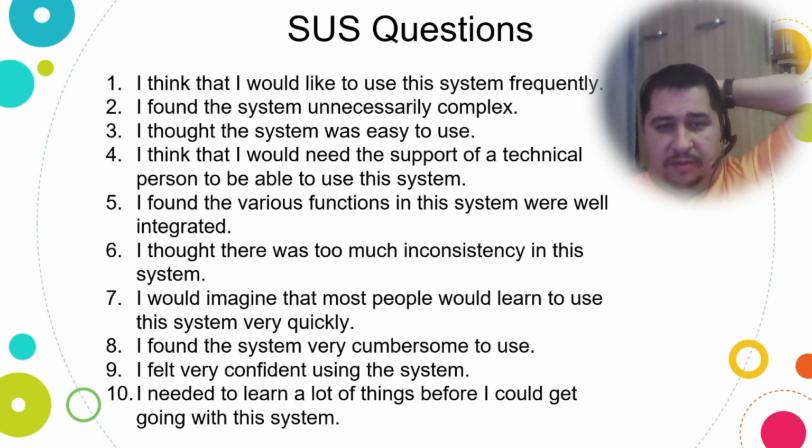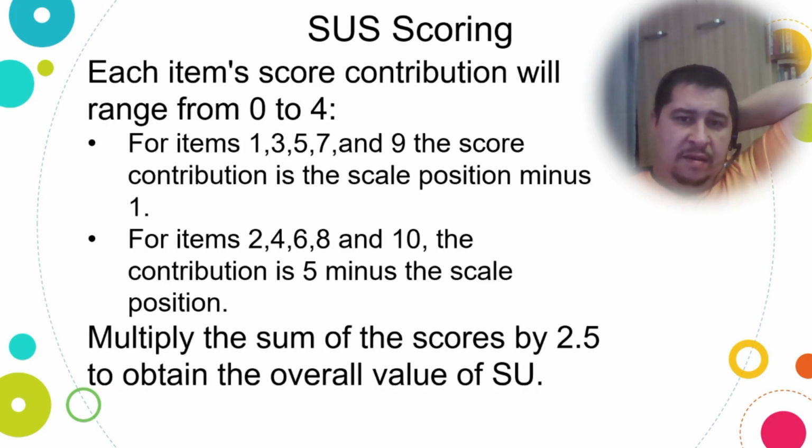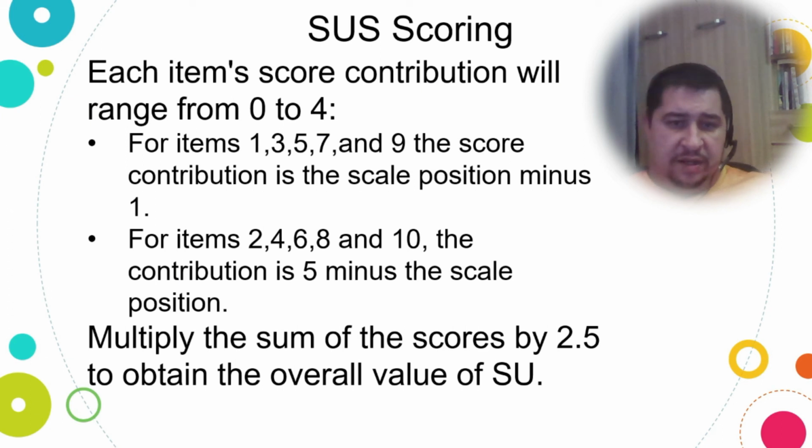Scoring is somehow complex, so these are the 10 questions that you need to answer, and each item score is neither agree or disagree, totally agree, strongly disagree. So the scoring is for odd and even questions in different way.